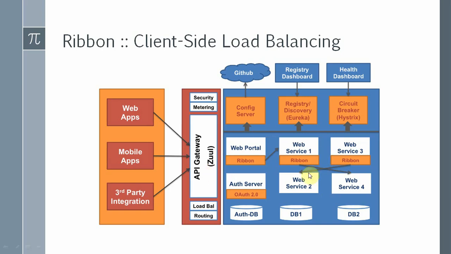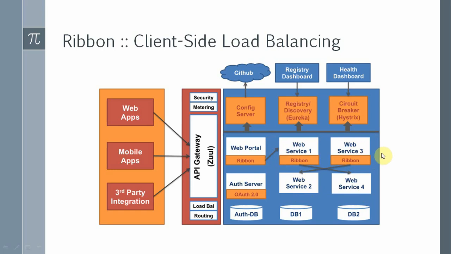As you see here, we have different microservices, service 1, service 3, and this is another service. Each of them has been load balanced with Ribbon, load balancing between service 4, service 2.